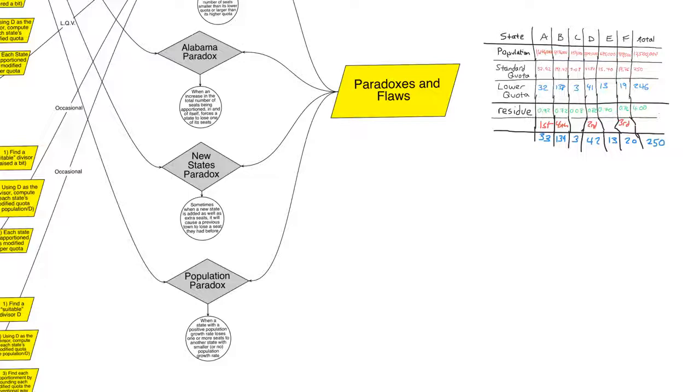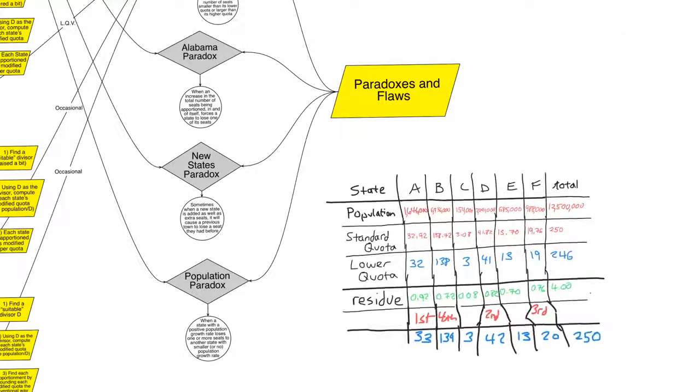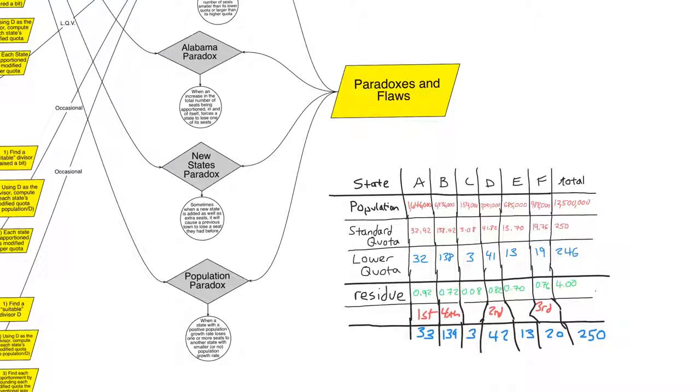So in other words, imagine we had increased the seats from 250 to a larger number. Let's say you began with 250 seats in Congress, but now we added an extra seat, so now there's 251.